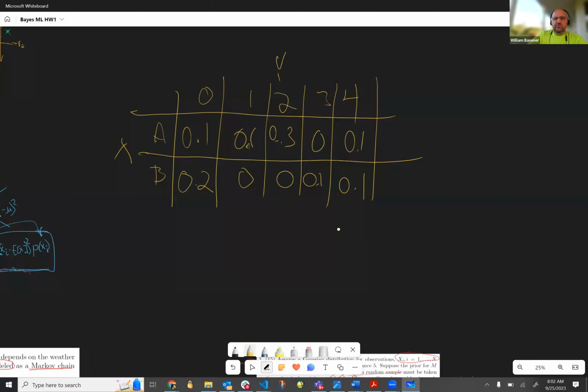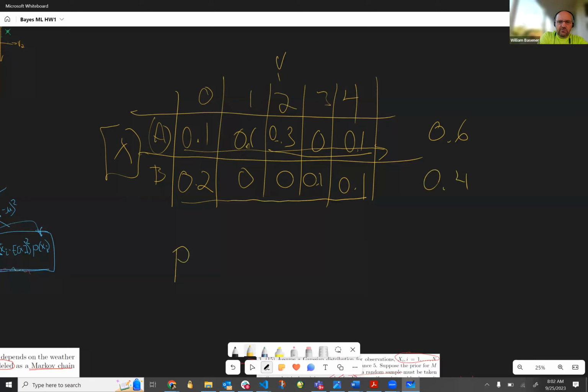So the marginal distribution for X means we have a probability for A, and we get that by summing across the horizontal row. So we add up all those probabilities, and we would get 0.1 plus 0.1 plus 0.3, that's 0.5, 0.6. The marginal distribution for B, we sum these up, and we get 0.4.